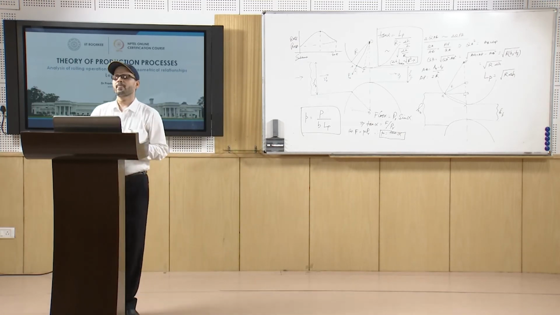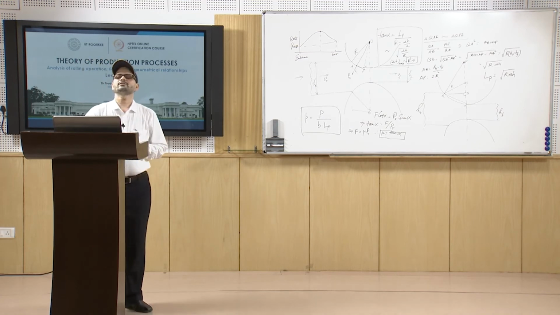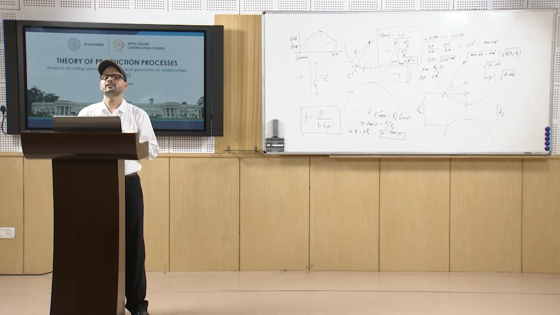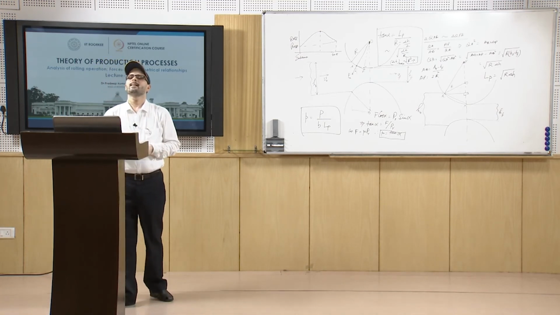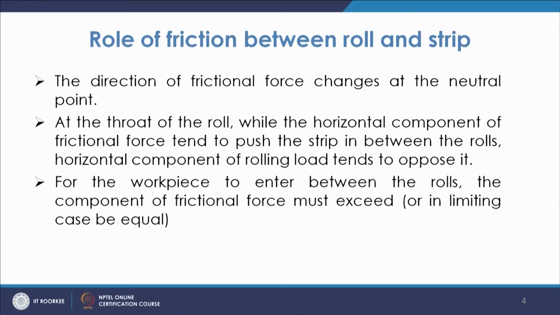So, these are the points. Now, rolling load, roll contact area and friction we have already discussed. The direction of friction force changes at the neutral point. At the throat of the roll, the horizontal component of frictional force tends to push the strip in between the rolls, while the horizontal component of rolling load tends to oppose it.